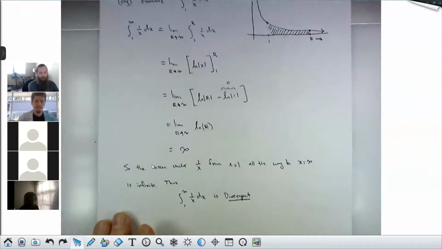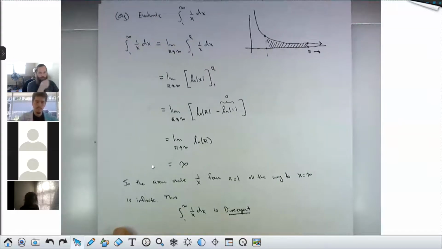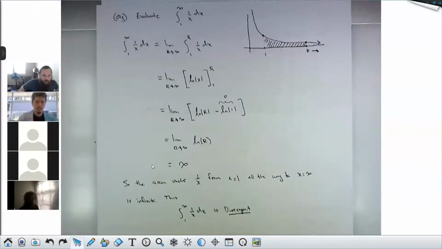All right. So just two quick examples to get us started. The 1 over x cubed integral from 1 to infinity, and the bounds matter. If you change the bounds, the result can change. The 1 over x cubed integral from 1 to infinity is convergent because there is a definite answer to how much area there is: 1/2.